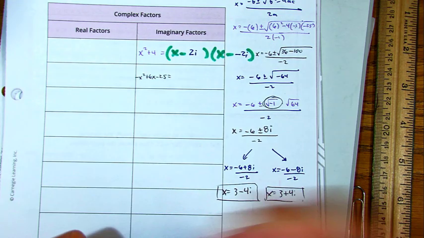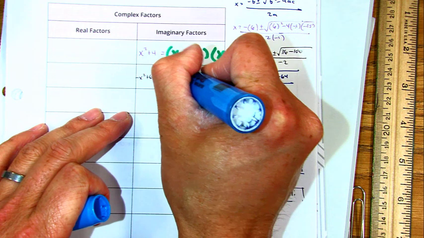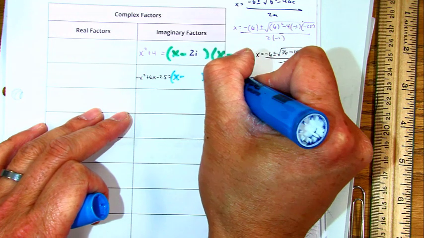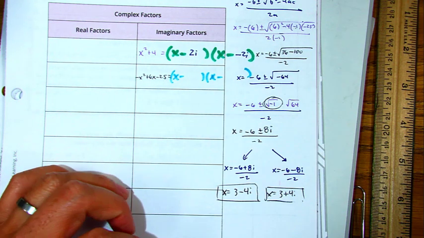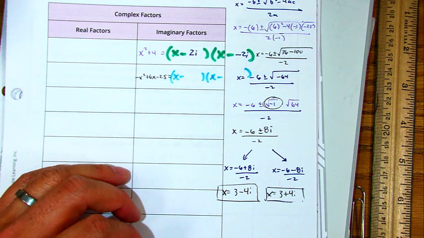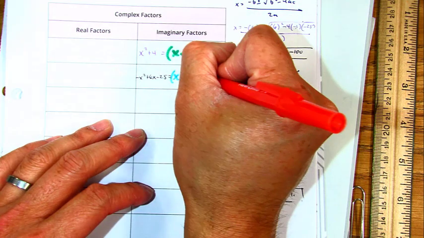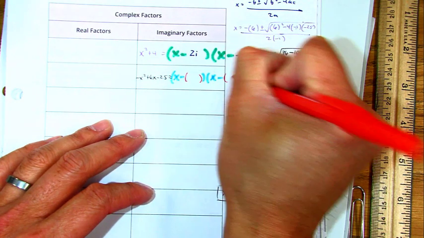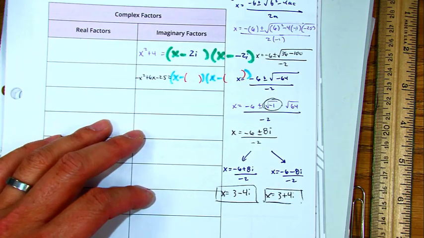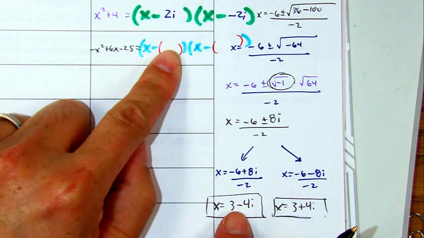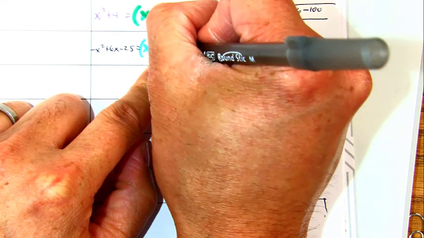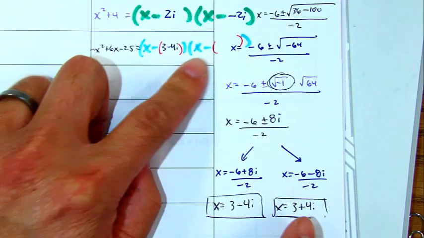Let's make this super obvious. x minus, and my solution I'm going to put inside the parentheses. Zoom in as much as I can. So here I have 3 minus 4i, 3 plus 4i.